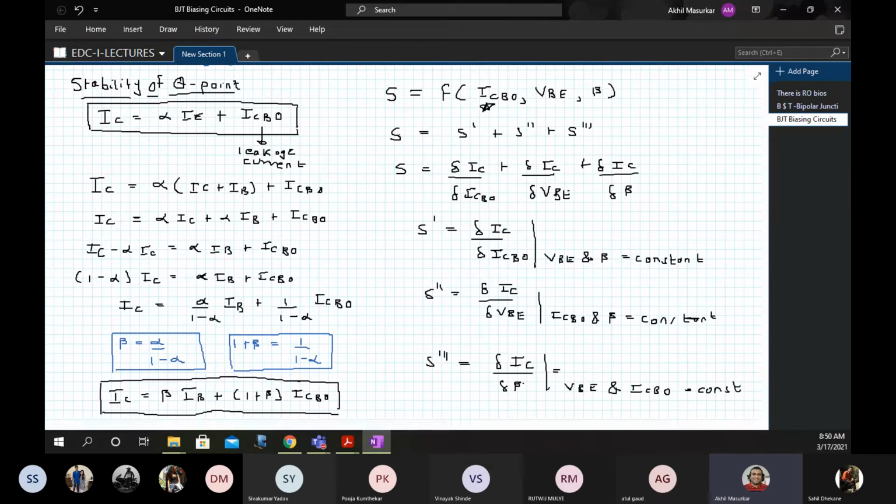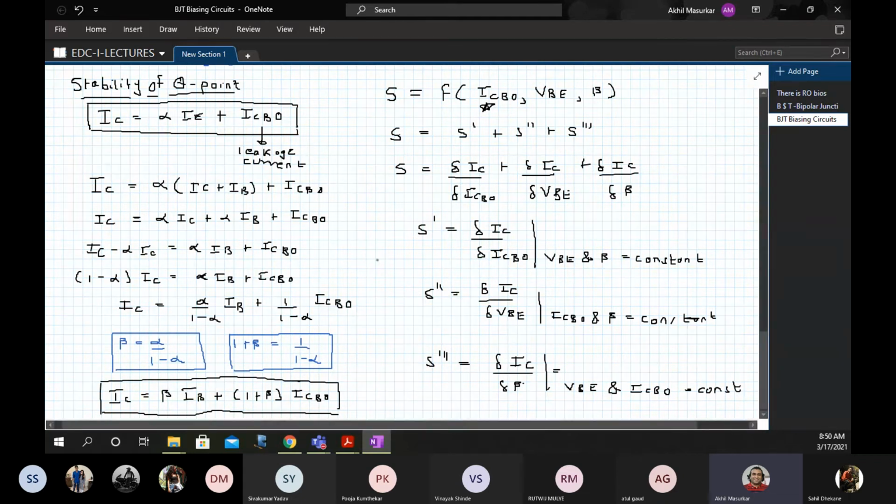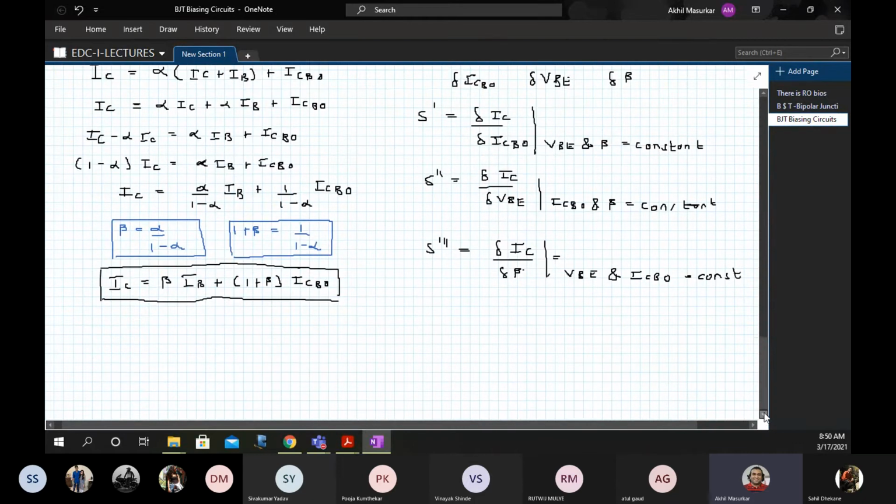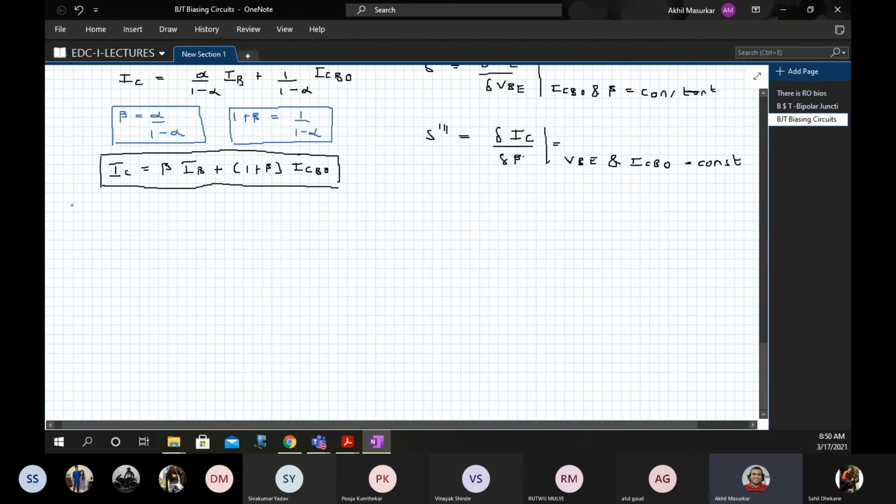Generally, for most practical applications, VBE and beta remain constant, and therefore the stability of the Q point mainly depends on only the leakage current, which is ICBO.